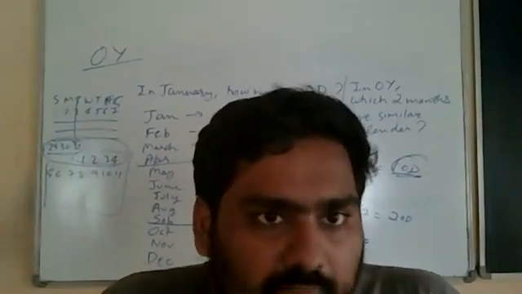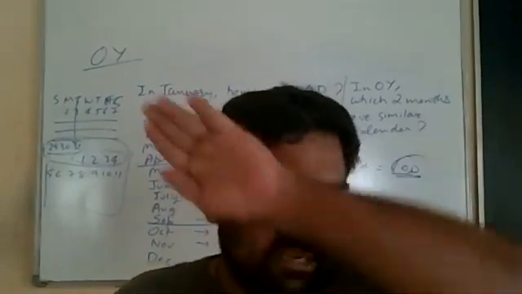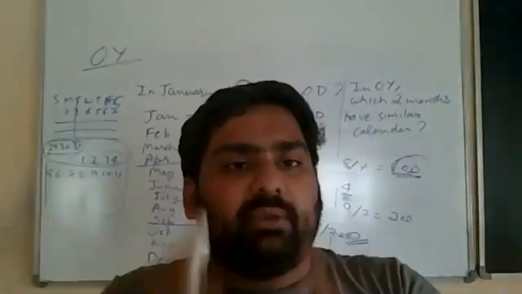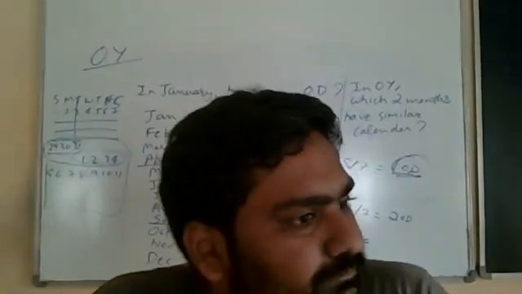So tell me something. If I have a calendar where holidays and all are not mentioned, and I erase January and I erase October, will you be able to figure out which is January, which is October?